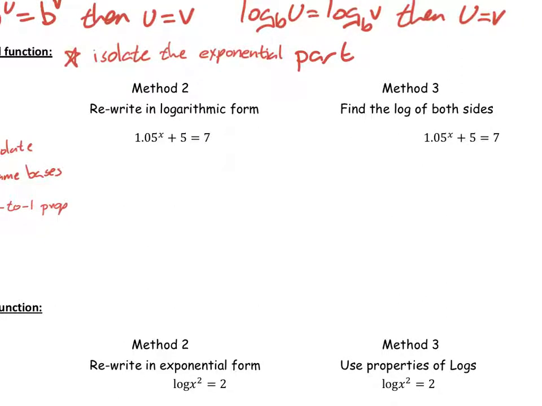But if I subtract 5, because I need to isolate first, then I have 1.05x equals 2. So my first step here is to isolate. Now, in this case, I'm going to rewrite in logarithmic form. So that means I have log base 1.05 of 2 equals x. So rewrite, let's put that in our steps here.